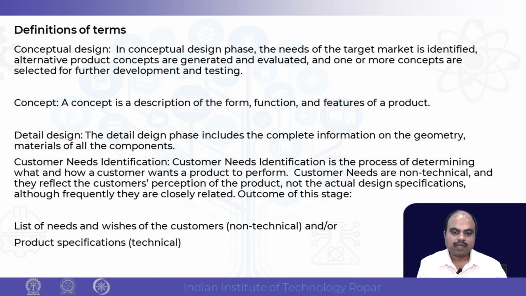Customer needs are non-technical, and we have learned how to convert them into a more technical specification, called design specification. The outcome of this stage is a list of needs and wishes. Needs are what the user actually needs, and wishes are things that are good to have. There are a lot of examples of these. And then product specification, which is a technical document.